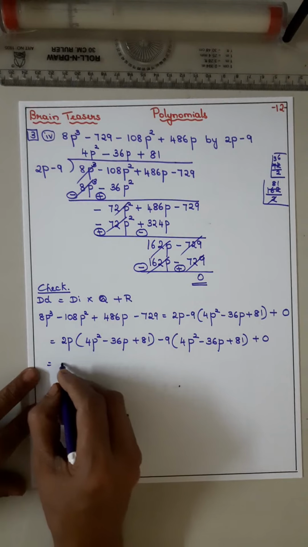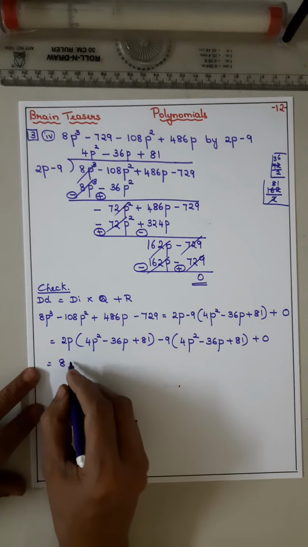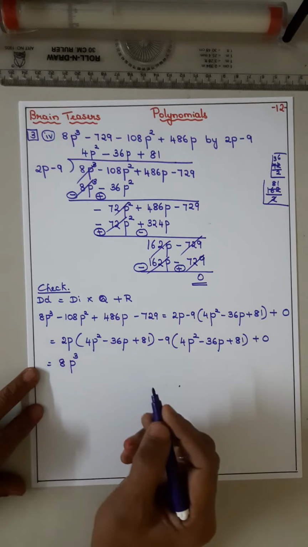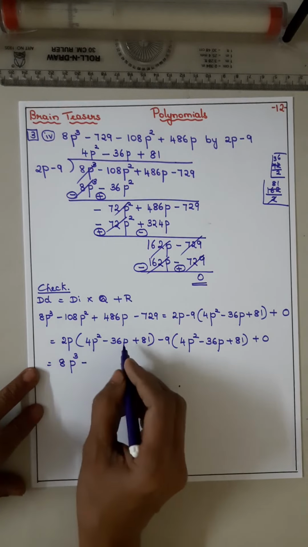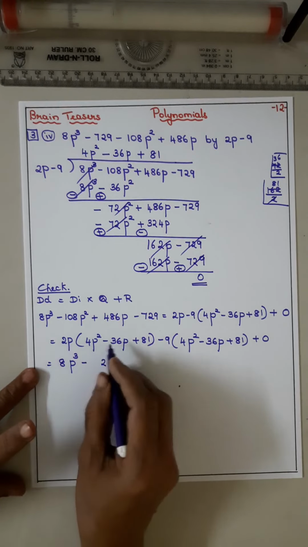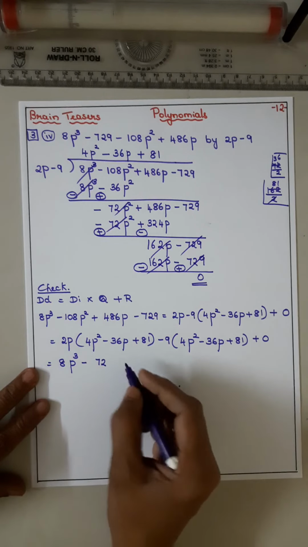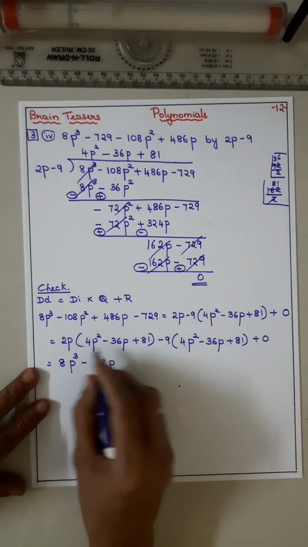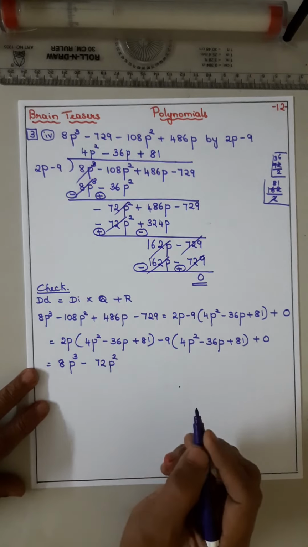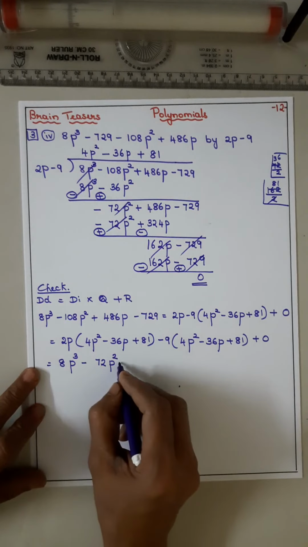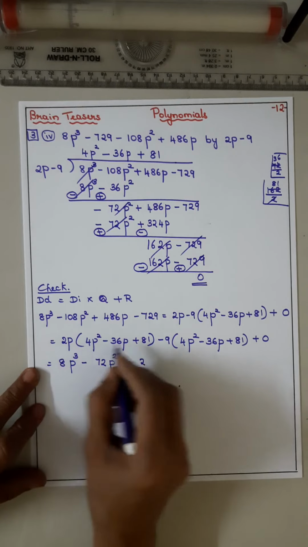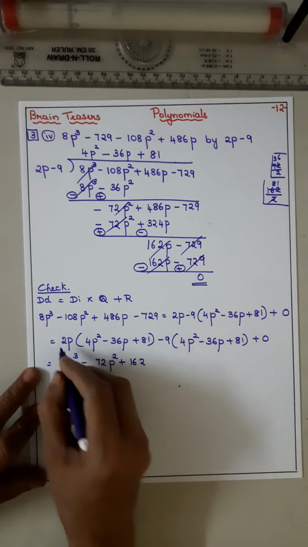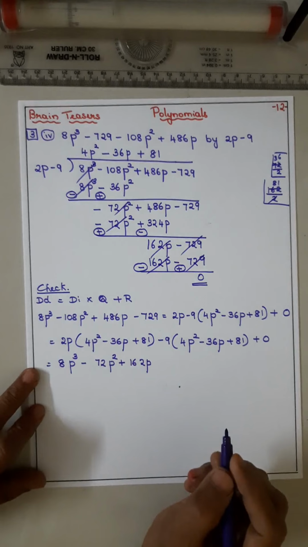Now 2 fours are 8, p into p squared, p cube, plus minus minus, 2 sixes are 12, 2 threes are 6, p into p squared. Now plus plus plus, 2 ones are 2, 2 eights are 16 and this p.